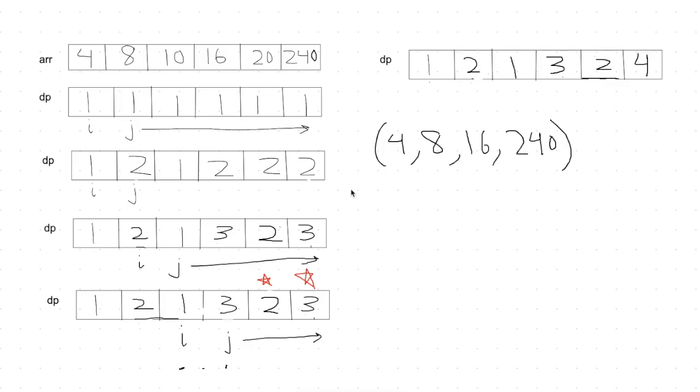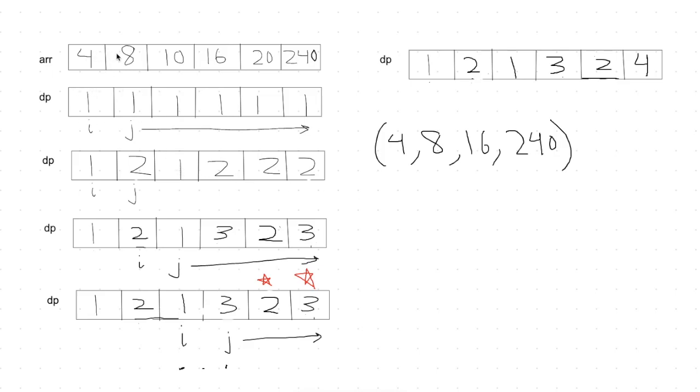The way this is going to work is we're going to fix our i and iterate through the rest of the elements using j. What this means is basically, does the element at i divide the element at j evenly? If so, we will add 1 to the size of the subset that we see at element i.